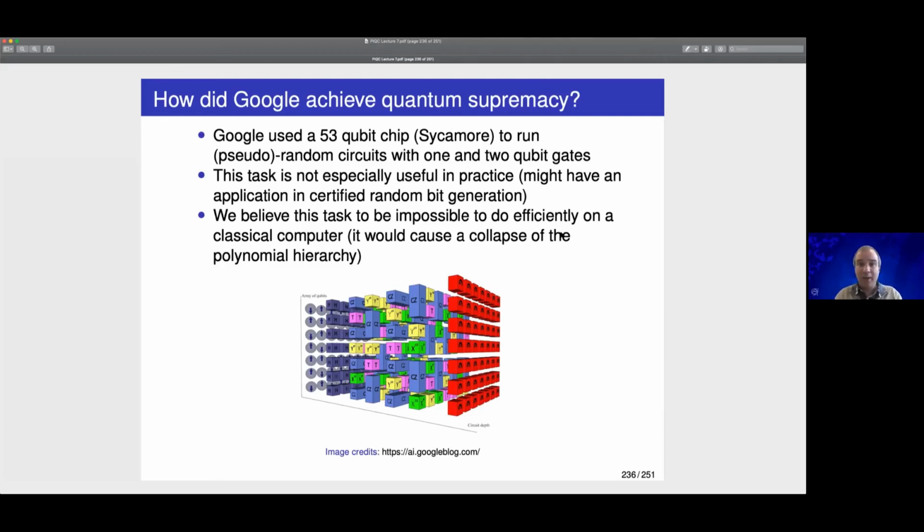And in fact, there are several different mathematically proven results. For instance, the work by Aaronson and Chen, which shows that this task of simulating quantum circuits on classical hardware is impossible unless you have what is called a collapse of the polynomial hierarchy, which is something similar to discovering that P is equal to NP.